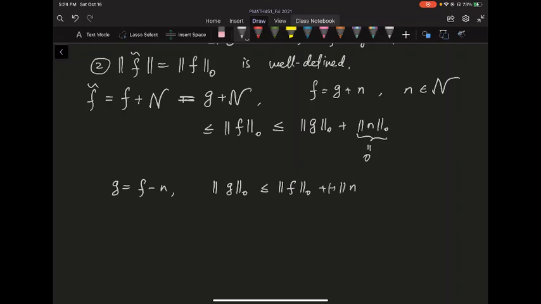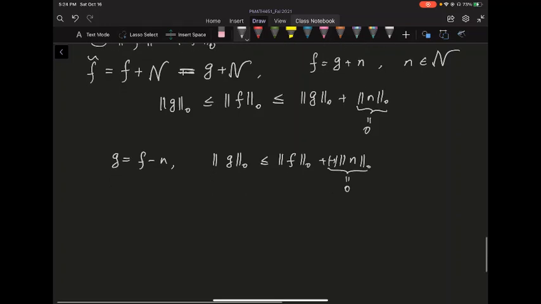You can pull the absolute value of 1 out there, but in any case, this one still equals 0. So on the other hand, the semi-norm of f is bounded below by the semi-norm of g. So they have to be equal. In other words, this definition of the norm of f tilde, the equivalence class, is well defined.